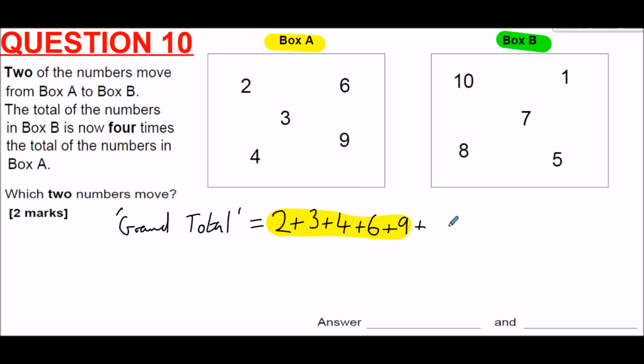So we add to this 10 plus 1 plus 7 plus 8 plus 5.